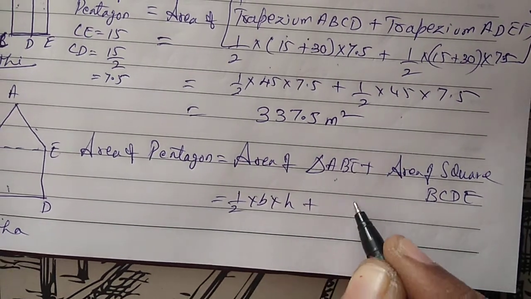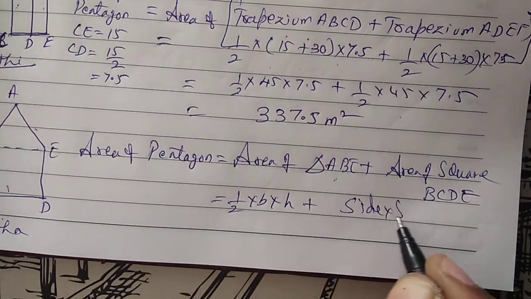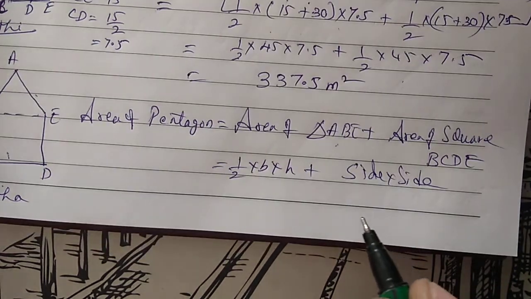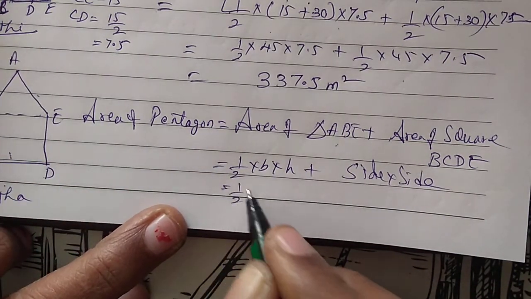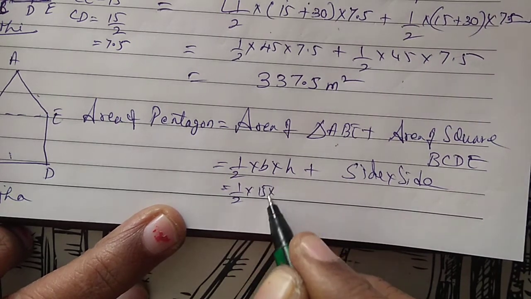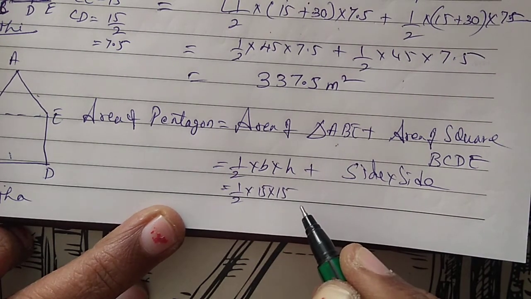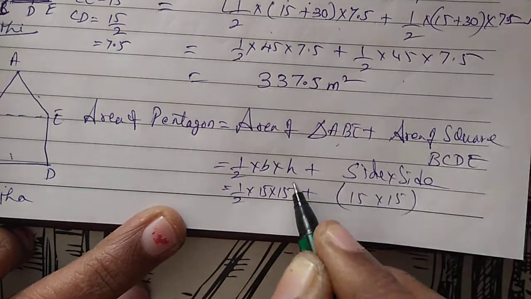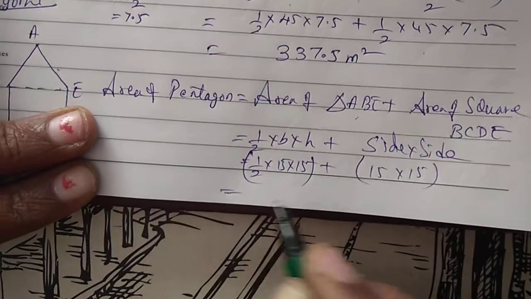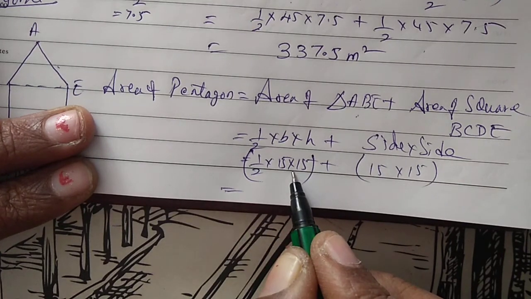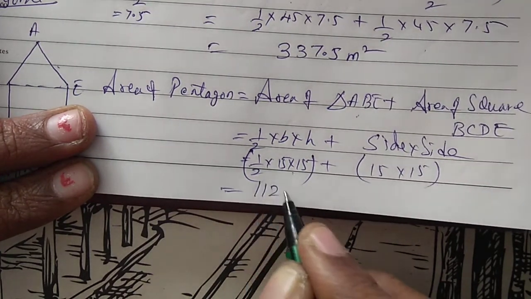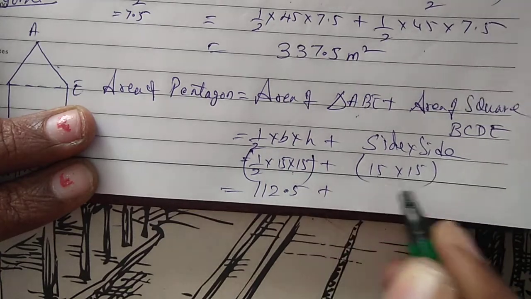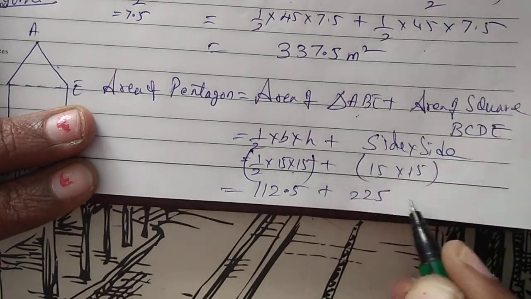So we substitute now. That is half into base is 15, height is also 15, plus side is what? 15 into 15. So here we get 15, 15s are 225. 225 by 2 is 112.5. 15, 15s are 225, which is 337.5 meter square.